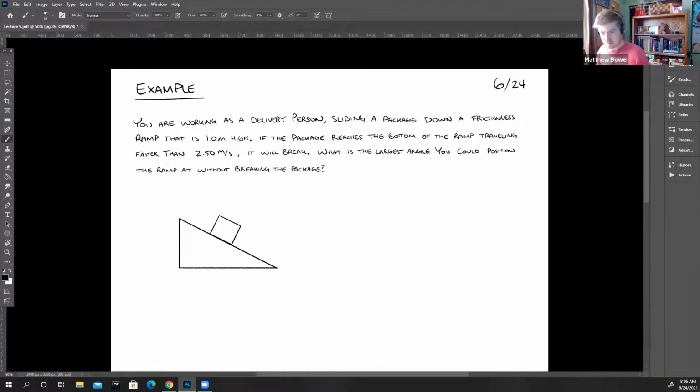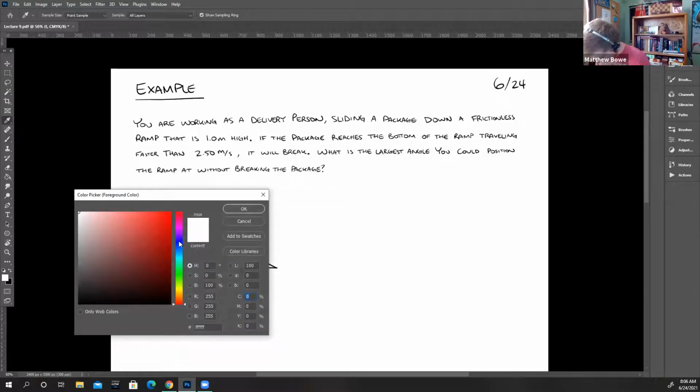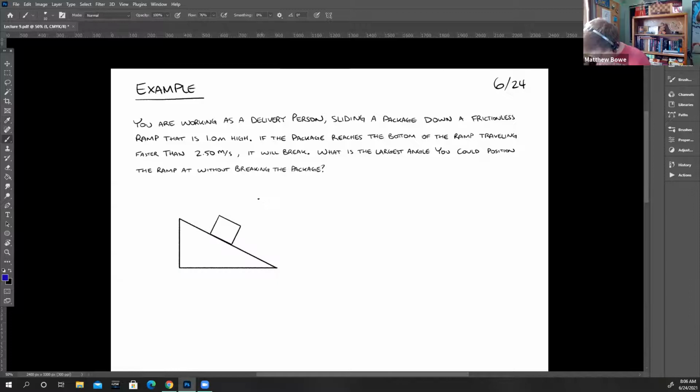So let me start out by selecting, I always got to do this right in blue. So I always draw a picture first. We have this sort of diagram of the ramp and the package.